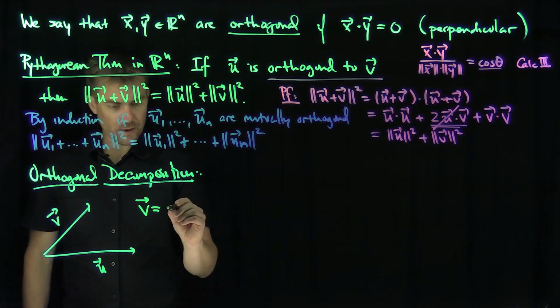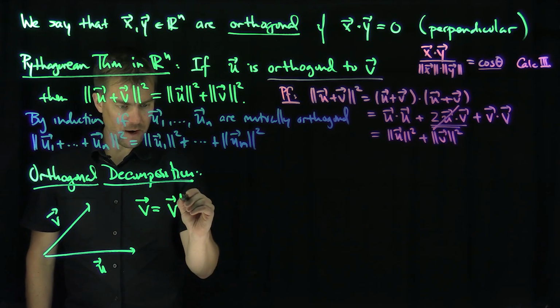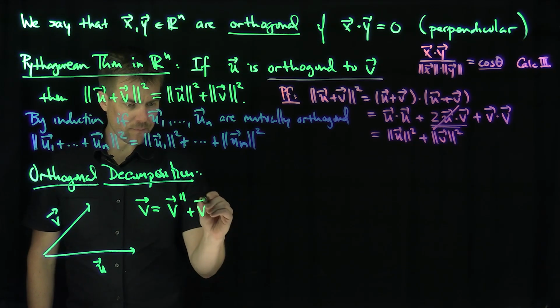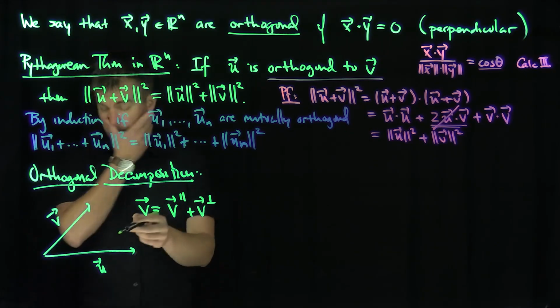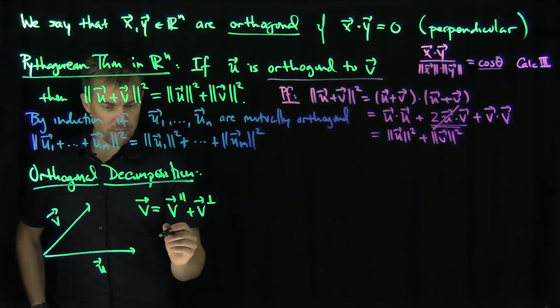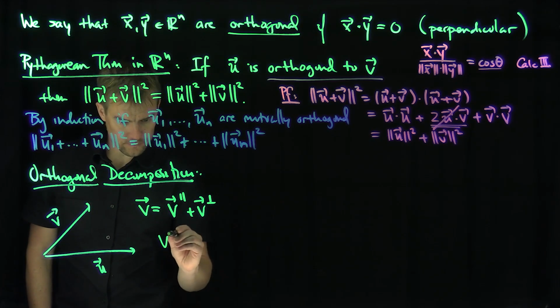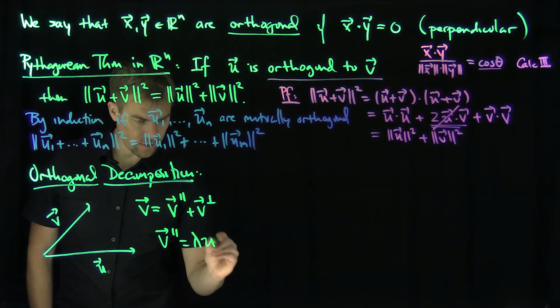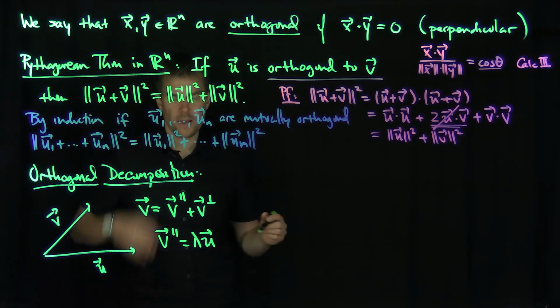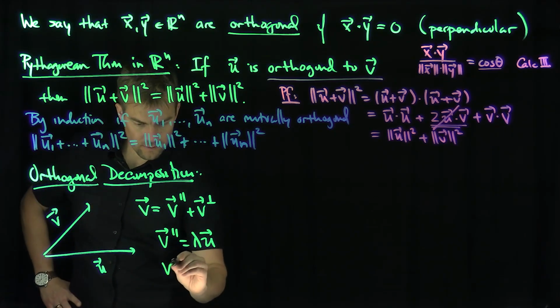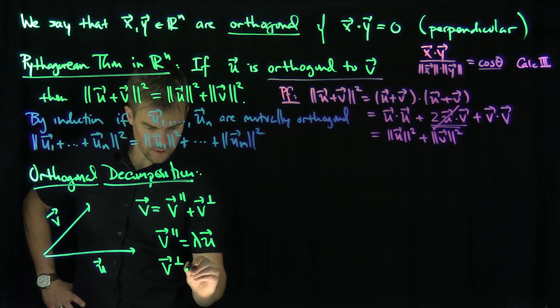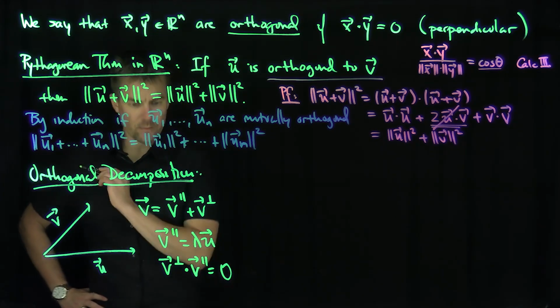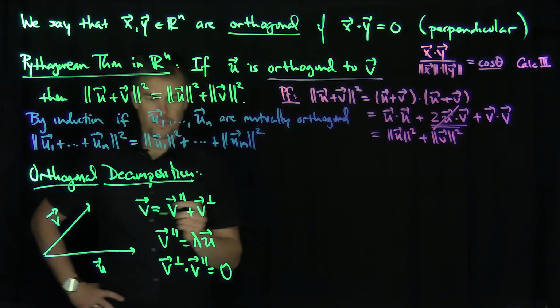I'm going to call those parts V parallel plus V perpendicular, where V parallel is in the direction of U, so V parallel is lambda times U, and V perpendicular dot V parallel is equal to 0. So I want those two conditions for my orthogonal decomposition to be true.